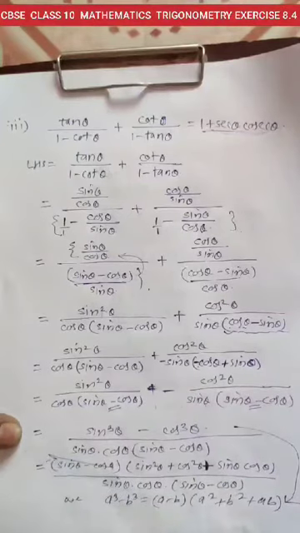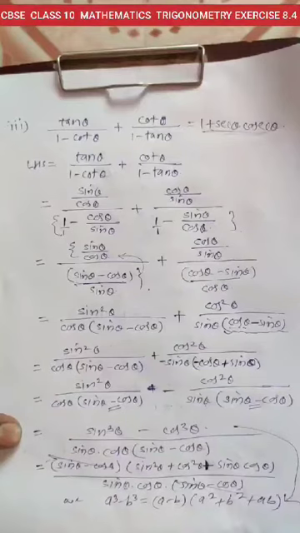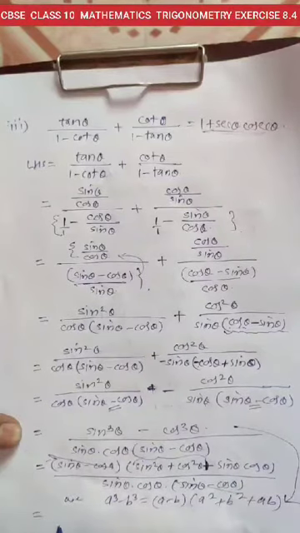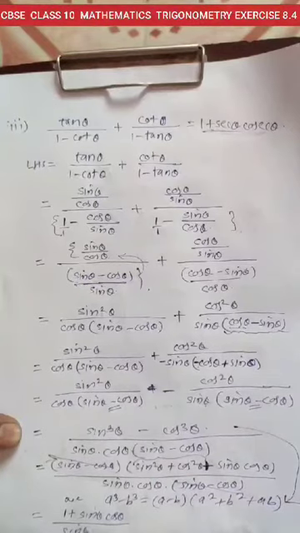Here the same bracket sin theta minus cos theta gets cancelled. After that, putting the value sin square plus cos square theta equals 1, we get 1 plus sin theta into cos theta divided by sin theta into cos theta.